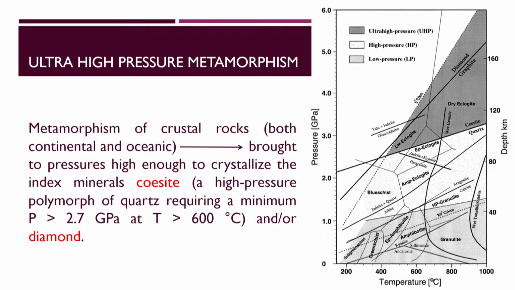So, metamorphism of crustal rocks, both the continent part and the oceanic part, when they subduct to depths greater than 100 kilometers and they are able to crystallize coesite as the index mineral, then you know that we have reached UHP levels. Okay? So, this is typically what we use to understand the subduction and the exhumation history of our rocks.